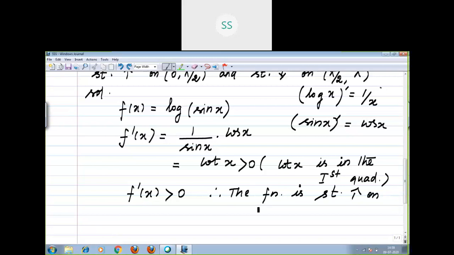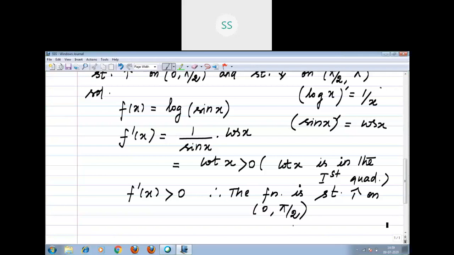First you are differentiating log of sin x. Imagine that sin x as x, so 1 by sin x. When you differentiate sin x, you arrive at cos x. Cos x by sin x, cot x. In the first quadrant, cot x is positive, so greater than 0. That's why you are concluding that the function is strictly increasing on open interval 0 comma pi by 2.